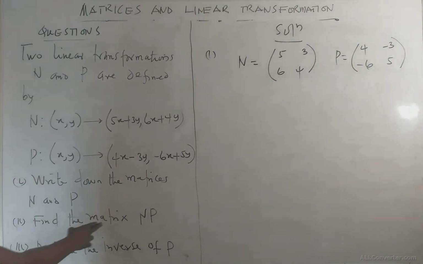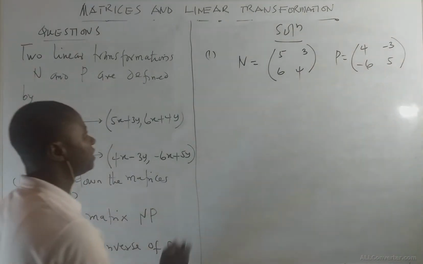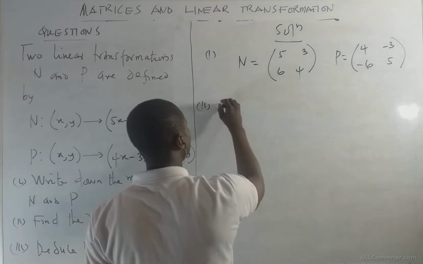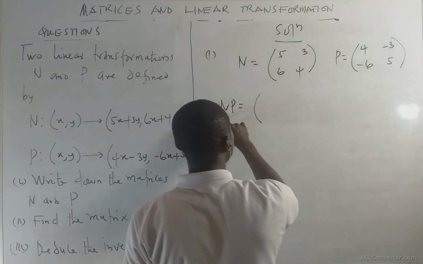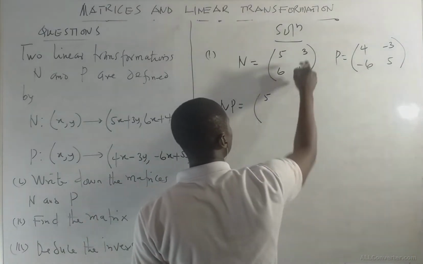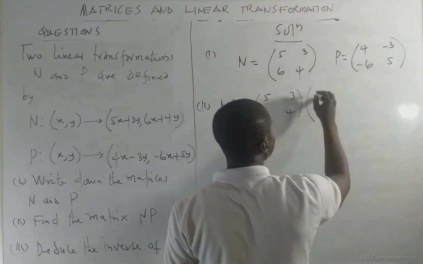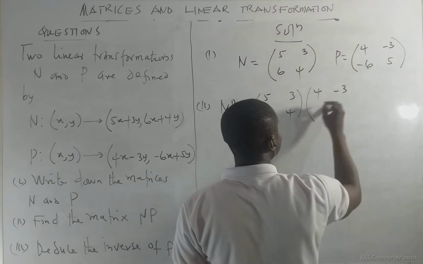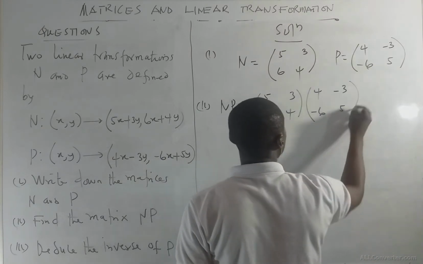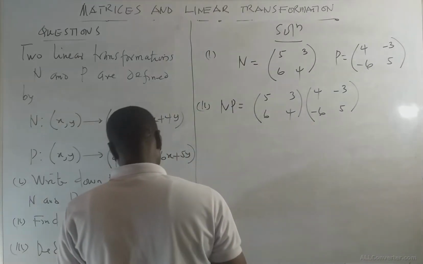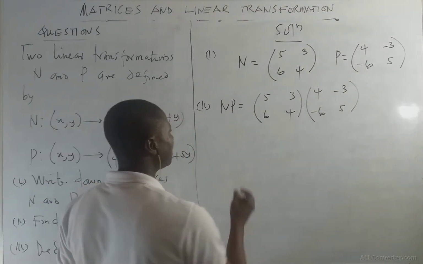Then we have to find the matrix NP. When they say find NP, that means you multiply N by P. That is 5, 3, 6, 4, multiplied by 4, minus 3, minus 6 and 5. With the multiplication of matrices, I guess you know how to multiply.